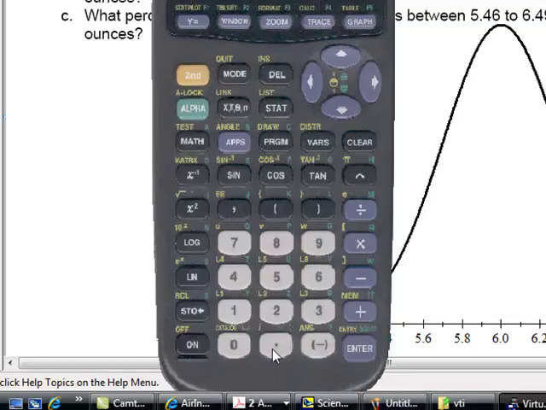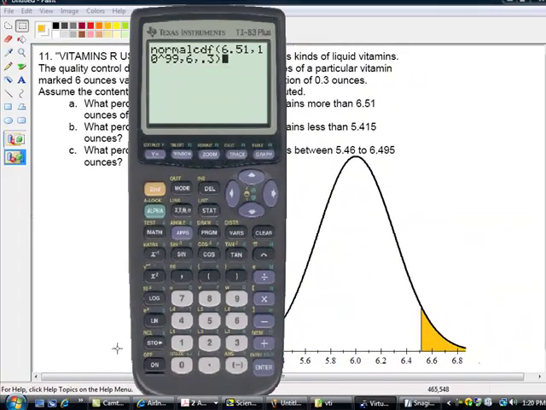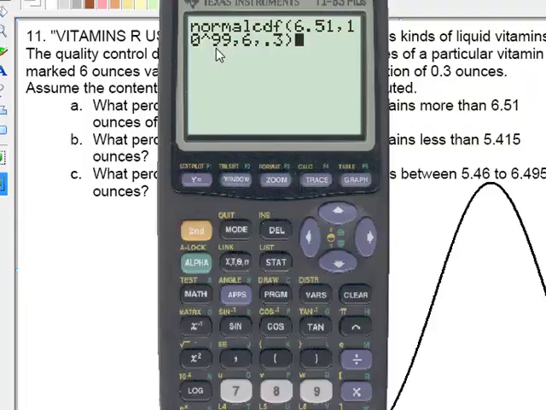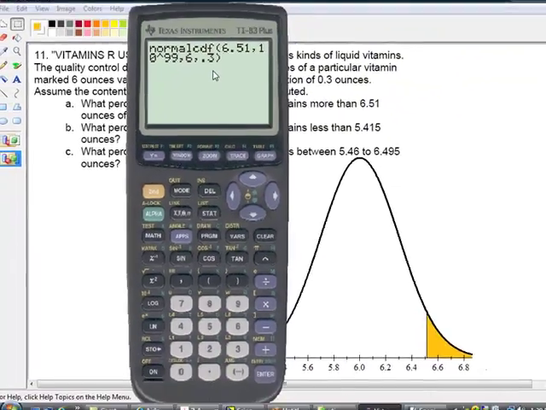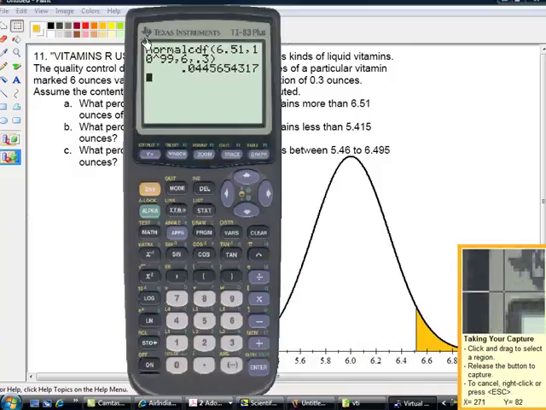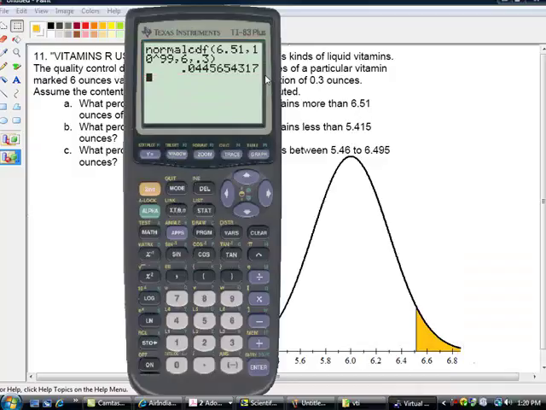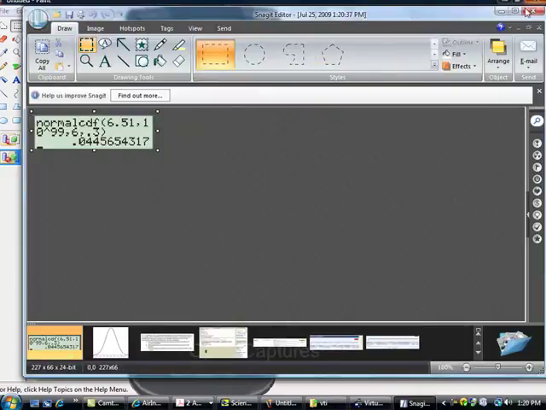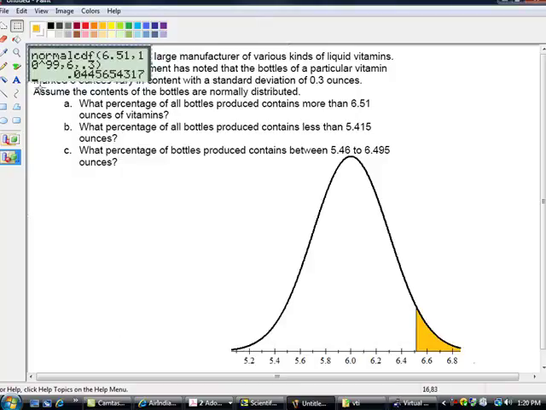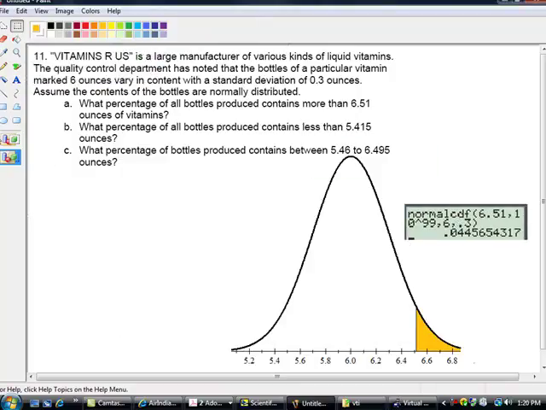Then the mean, 6, and the standard deviation, 0.3. It tells us about 4.45% is this area. So let's put that in here. This was regarding our part A.